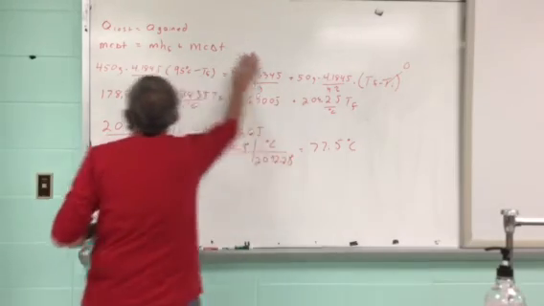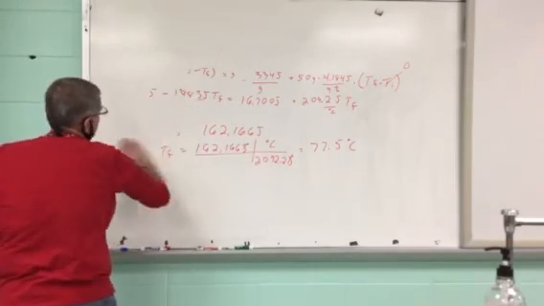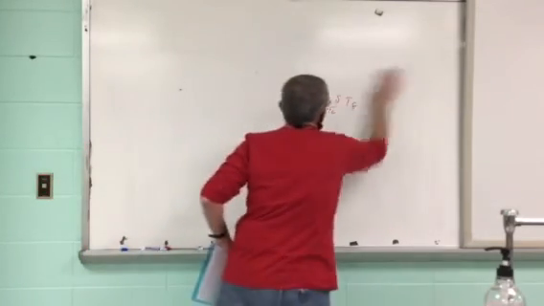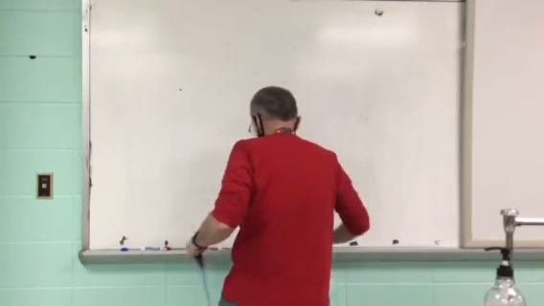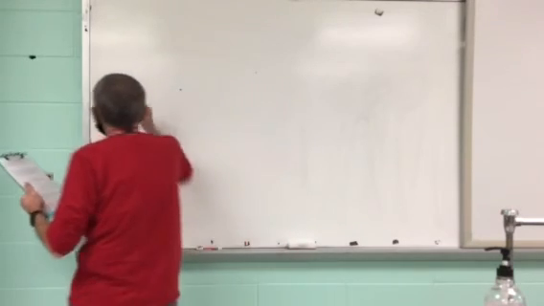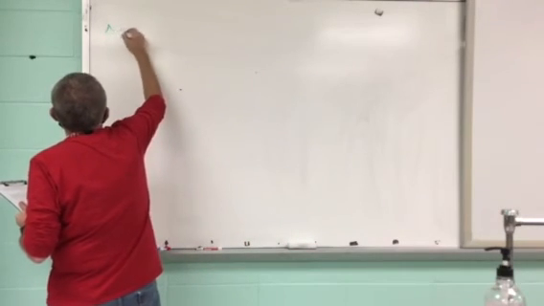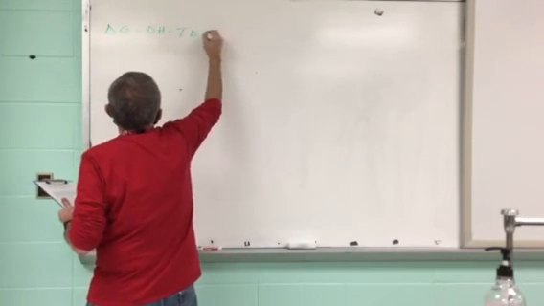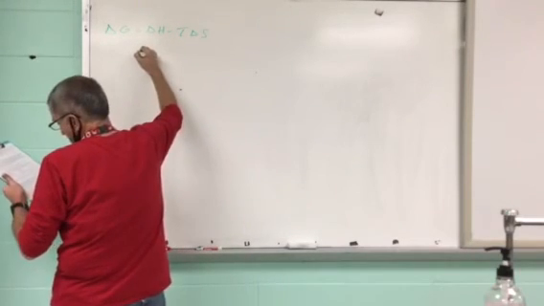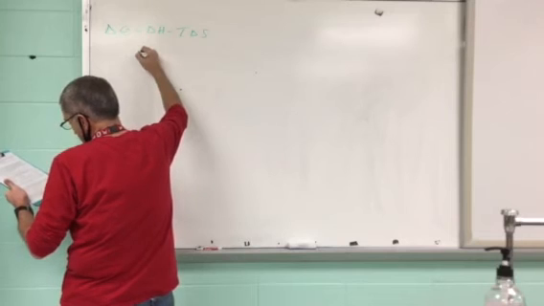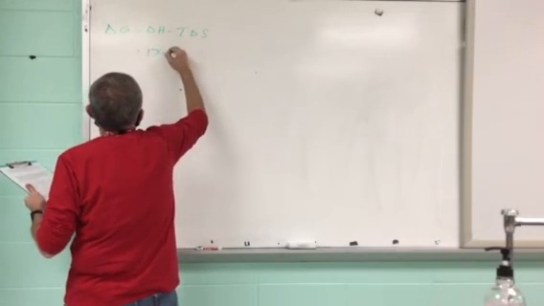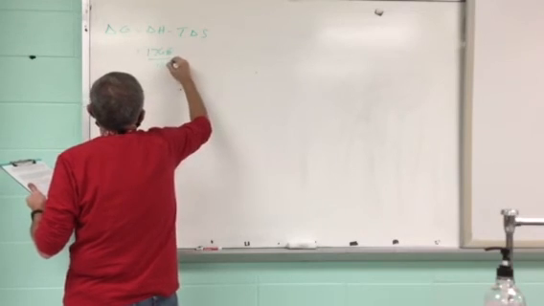Okay, and finally problem 5, which you'll be happy to look at, is a much easier problem than what I've been doing on the board so far. Delta G equals delta H minus T delta S. Delta H is given to us as 176 kJ per mole.